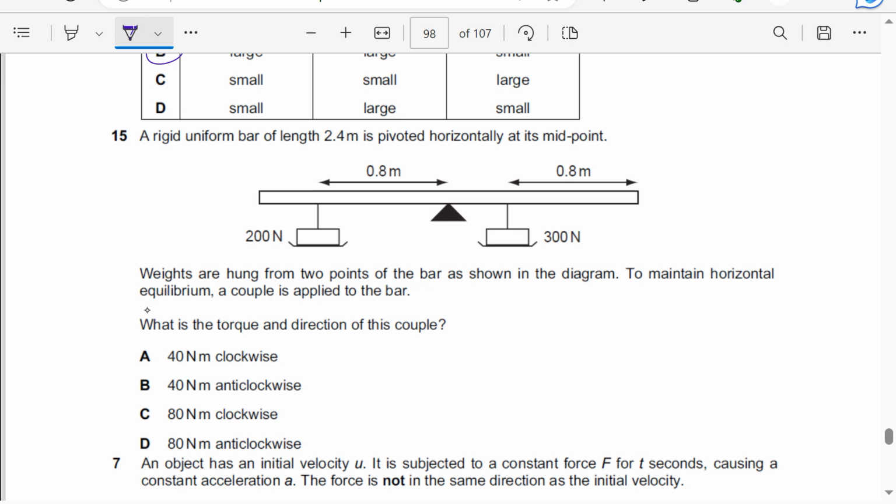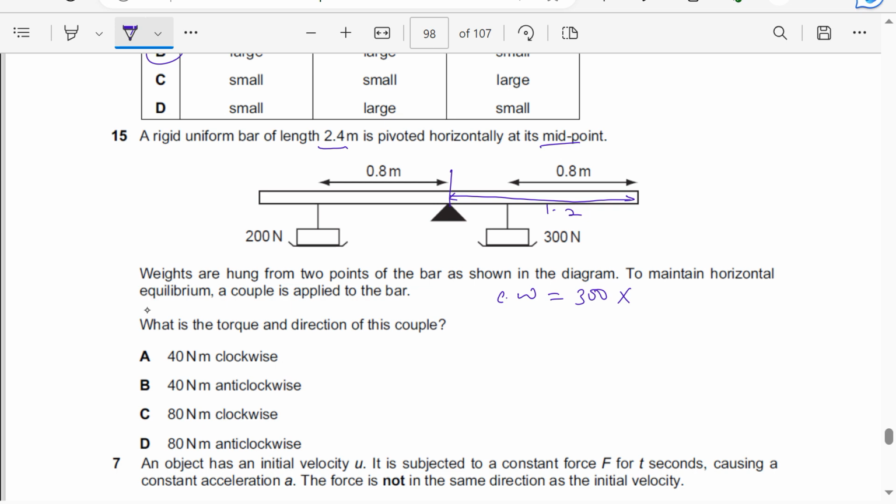Clockwise moments. For the clockwise moments, we have 300 newtons times the perpendicular distance. It was pivoted at the midpoint and it was 2.4 meters. So this distance from here to the extreme end is 1.2.